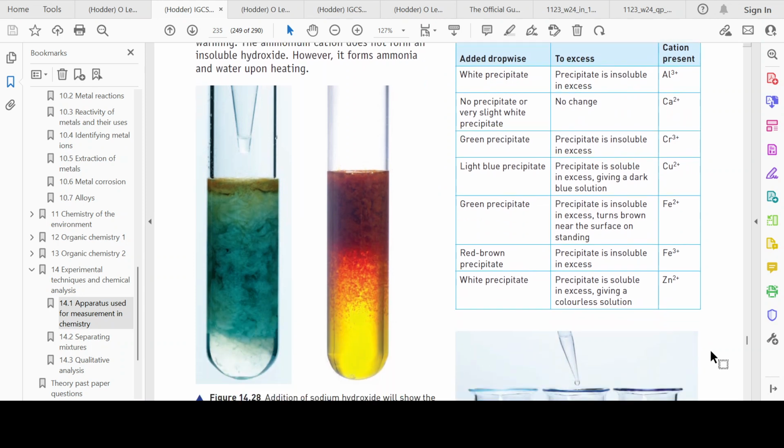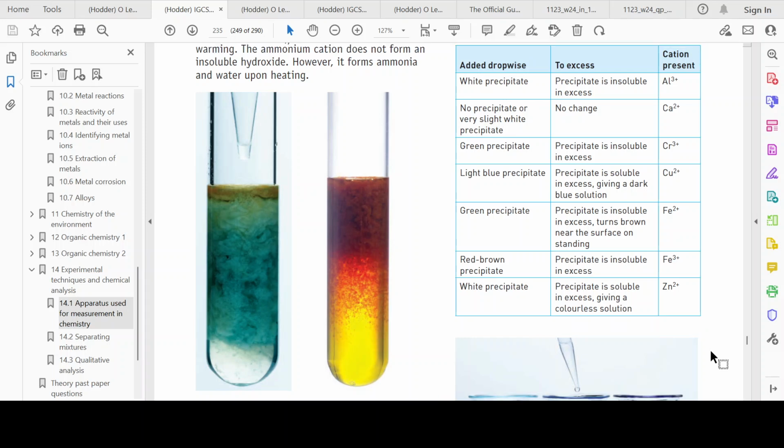And so this is how you're able to distinguish between aluminum and zinc. So with aqueous ammonia, aluminum is insoluble in excess, whereas zinc is still soluble in excess. Right? So if it's still soluble in excess, we definitely have zinc. So this is how these tests can be used.